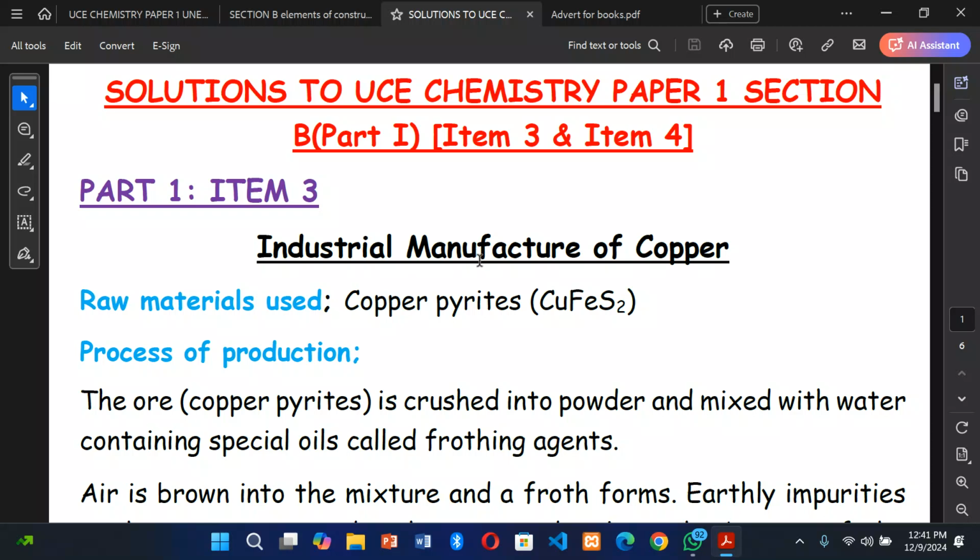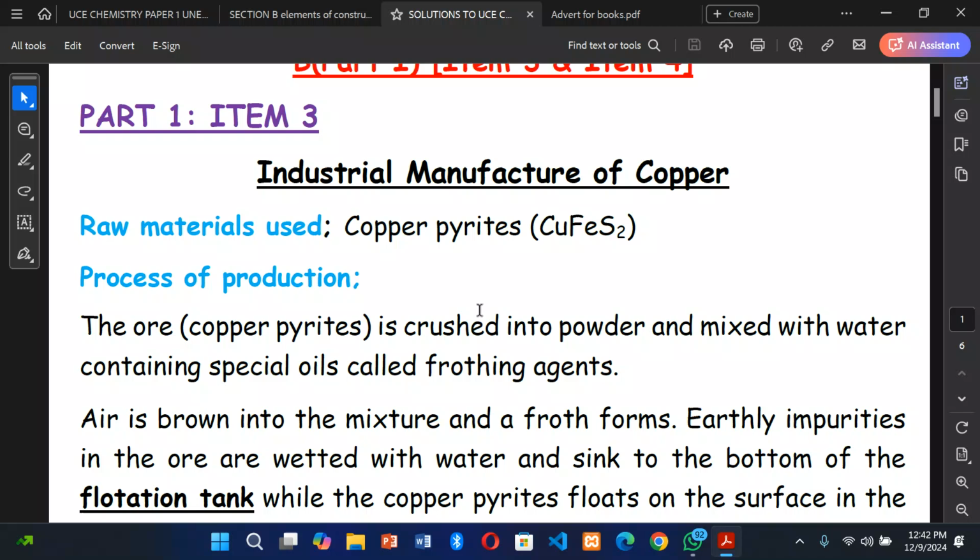When we are producing copper, what is it that we need to start with? Number 1, we need the raw material, which is copper pyrite. This is the copper ore, and that is the copper pyrite. So here you get a score for identifying the raw material.